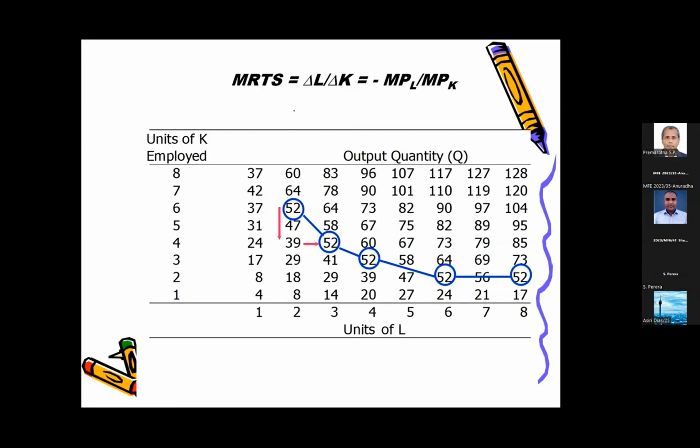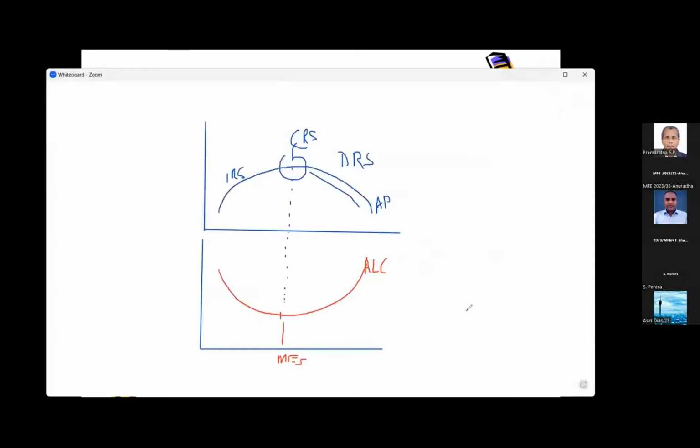Now, let's say you have a production function. It's very important to understand this for the exam, where you may get maybe 8 marks for this. Let's say the production function is 3 L squared K squared. What you have to do is find the MRTS.